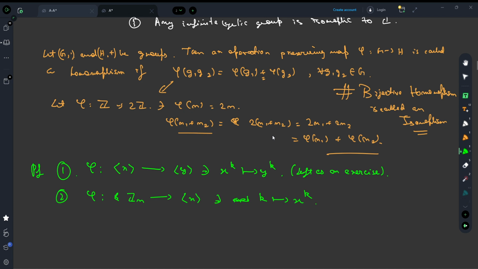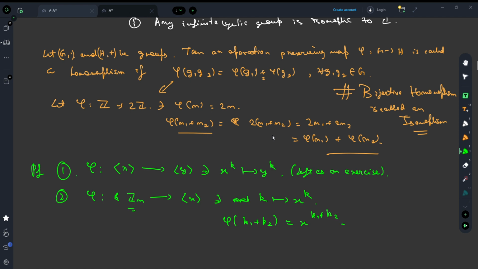Reason being, we have just seen that the elements in the cyclic group generated by X, where the order of X is n, are x to the power 0, which is 1, then x to the power 1, x to the power 2, till x to the power n minus 1. And these powers are exactly the elements in Zn. So this map is surjective. You can obviously prove that.